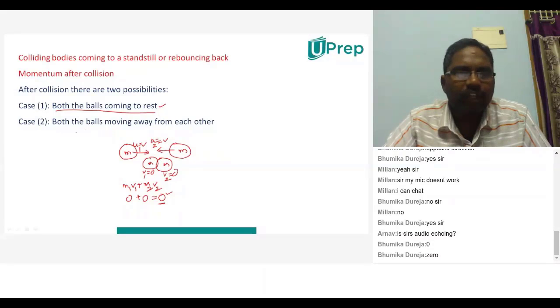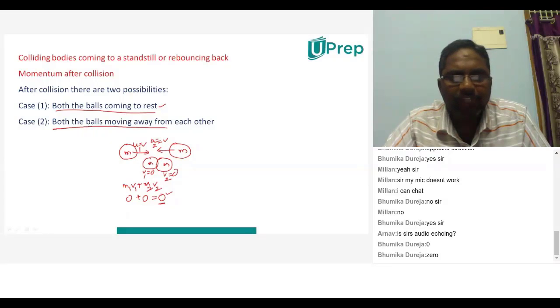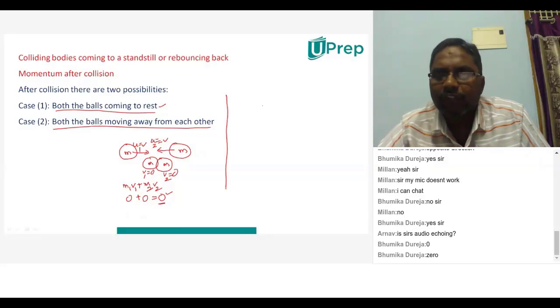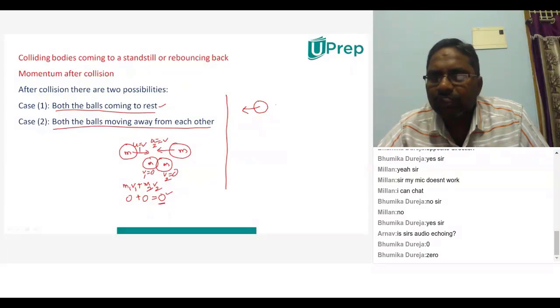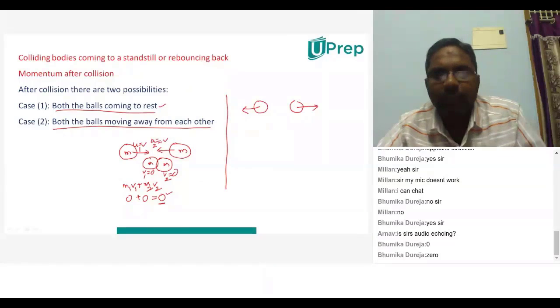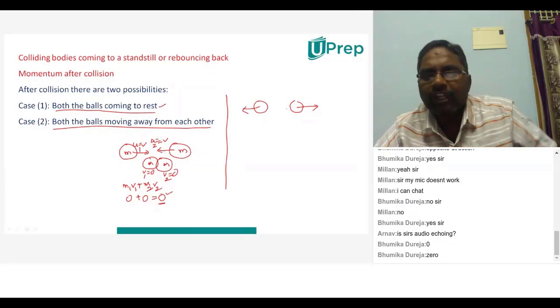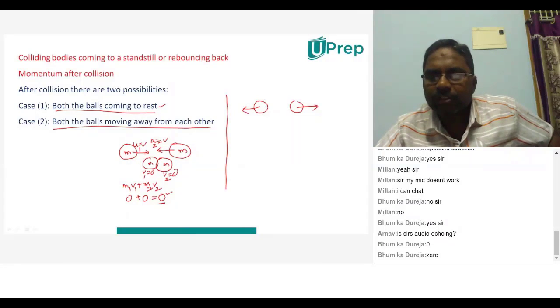Now let us try to understand the second possibility. What is that second possibility? Both the balls are moving away from each other. After collision, this object is moving in this direction and this object is moving in this direction. Rebouncing back means both the balls are moving in opposite directions. The mass of each object is m.